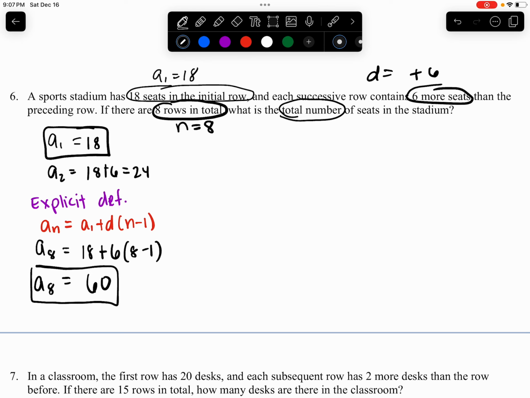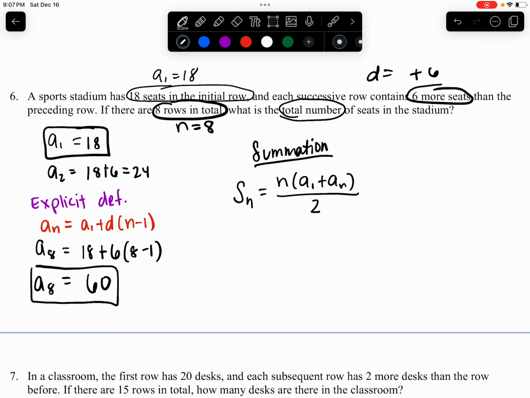Okay, and the next formula we will use is called a summation. So S sub n equals n times A1 plus An, over 2.